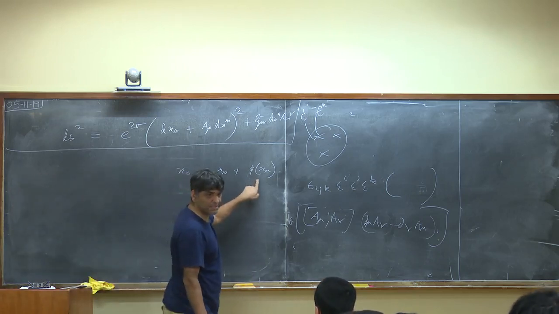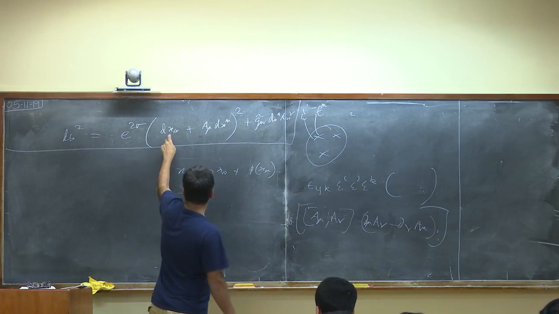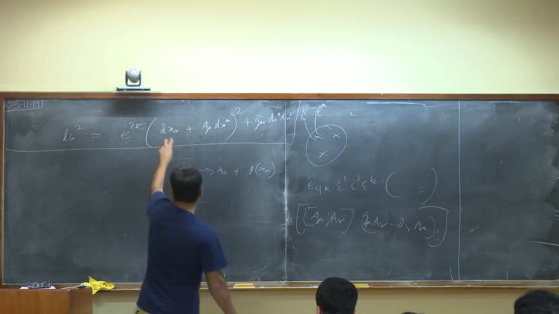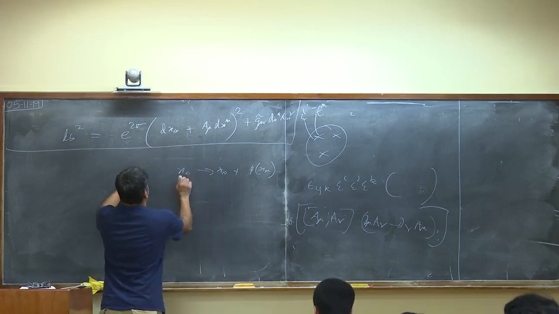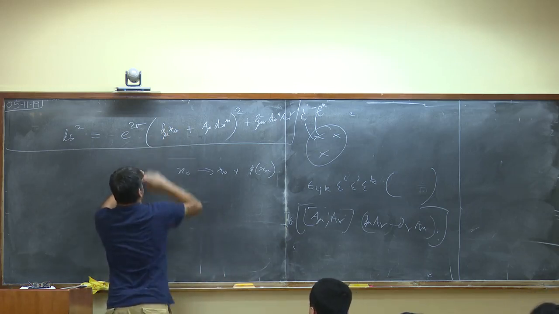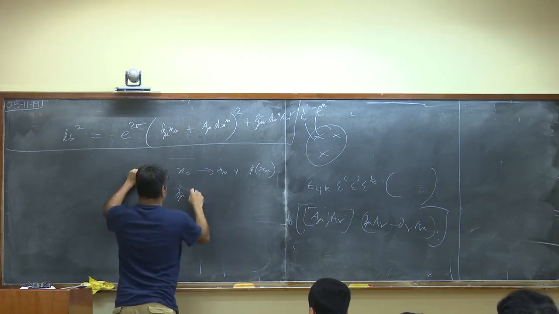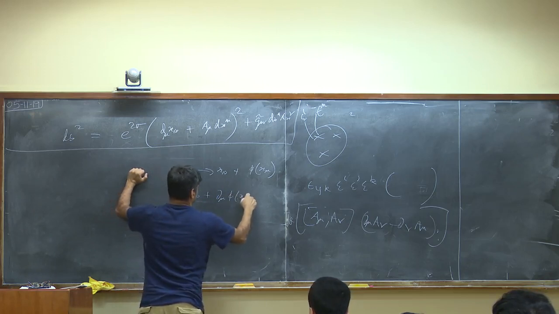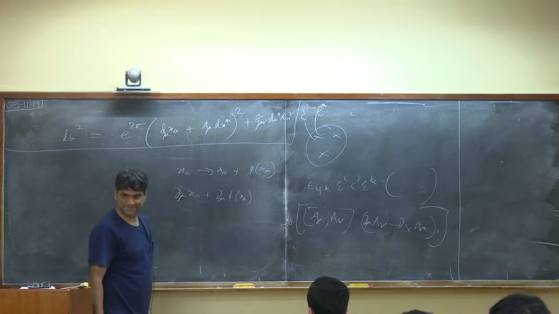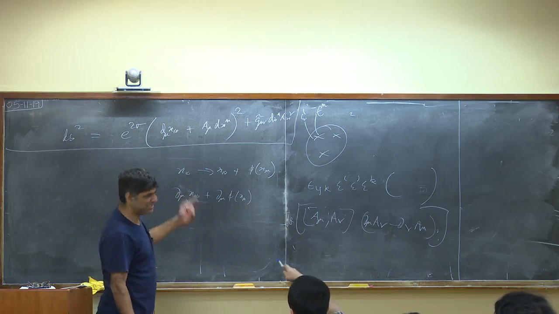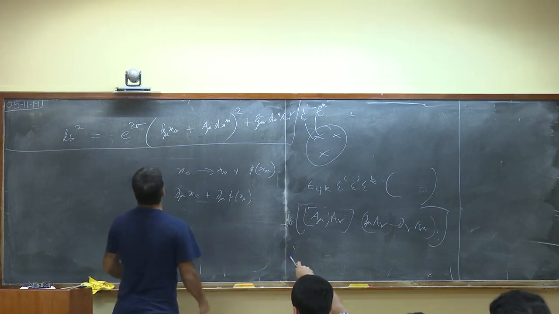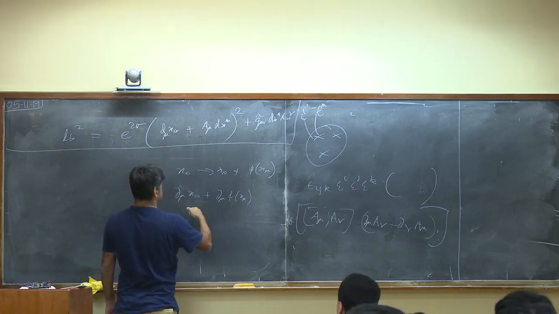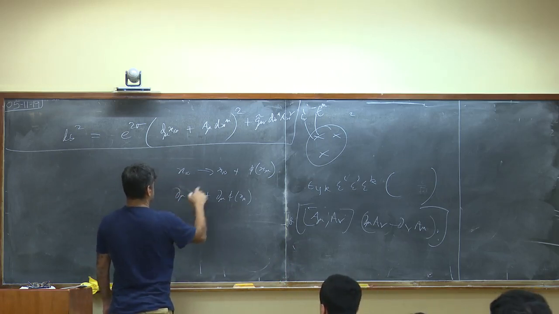Now suppose we do this. Under this, dX10 goes to dX10 plus del mu phi dx mu.